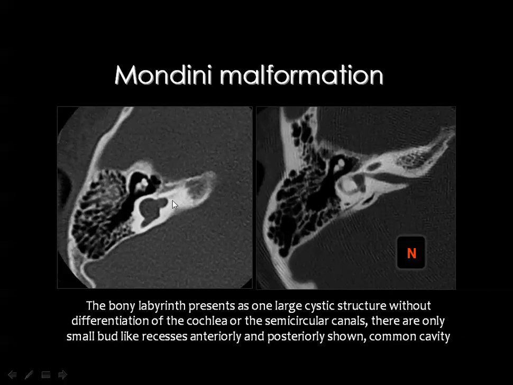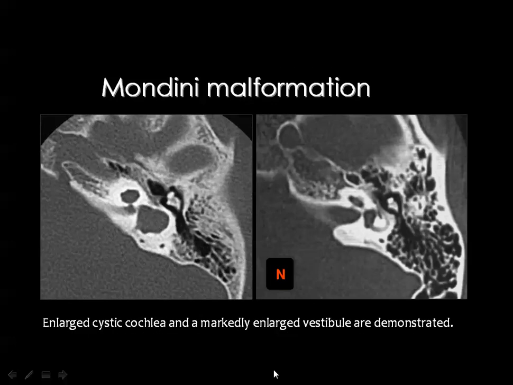If you look here, you can see that the cochlea as well as the vestibule and some of the semicircular canals have been transformed into a single cavity of abnormal configuration. This appearance is diagnostic of Mondini anomaly, whether it is unilateral or bilateral.